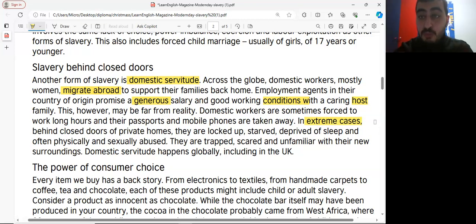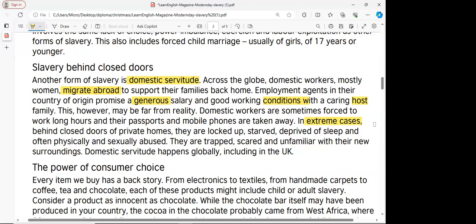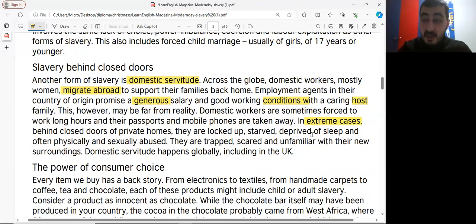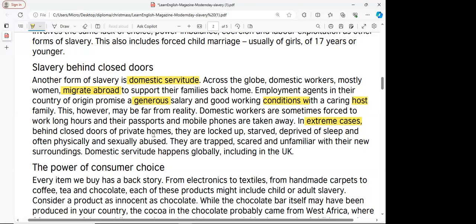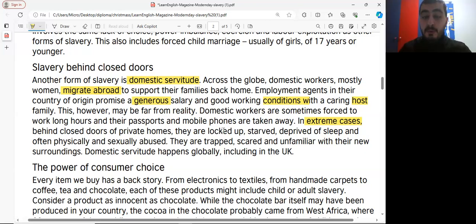Extreme، متطرف. بيحبسوهم، بيسكروا عليهم غرف.